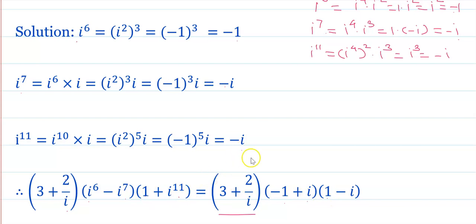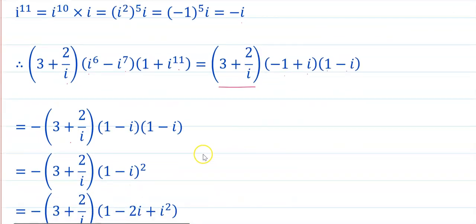I raised to 11 is again minus I. Now from these two terms, we will take minus sign as common, and here is a minus sign in bracket: 3 plus 2 upon I into 1 minus I into 1 minus I. 1 minus I into 1 minus I, then you are getting 1 minus I bracket square.